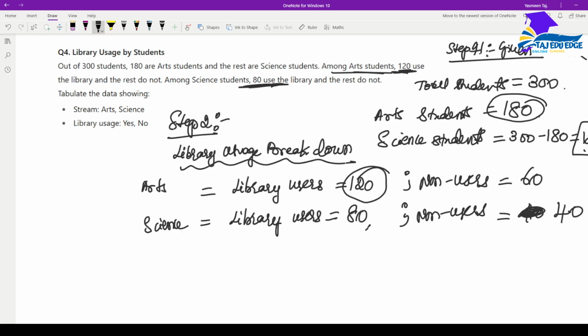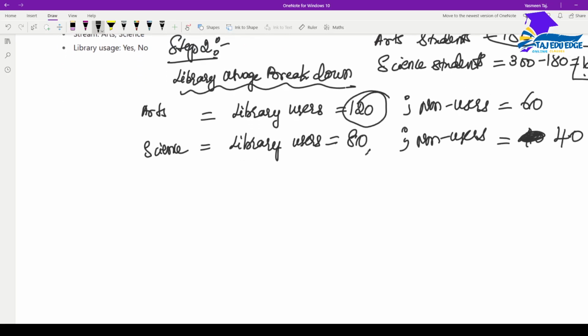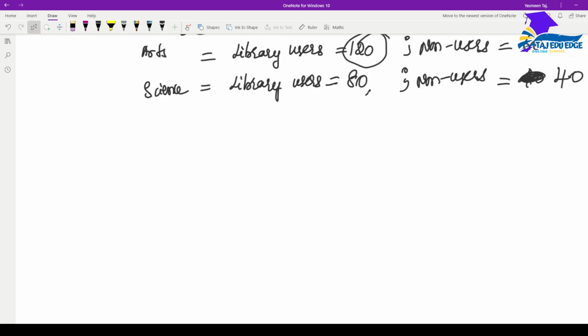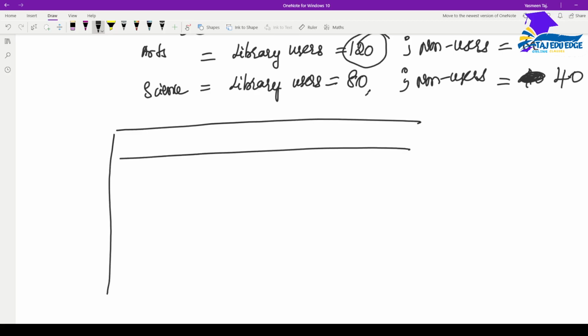Using that, can we create a table? Yes, we can create a table properly. Okay, let's see. You have the data. I hope that you have written it properly in the notebook. First, I will draw a proper table, where I will write like this: streams, arts, science, total.